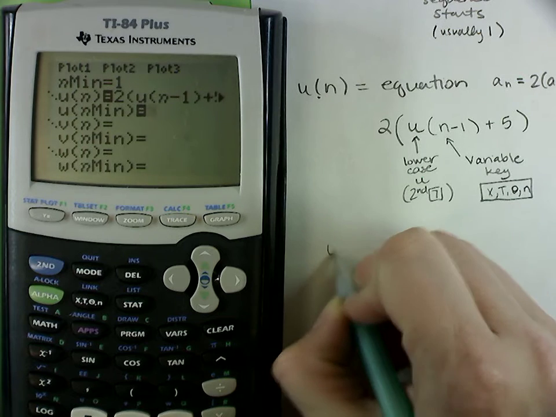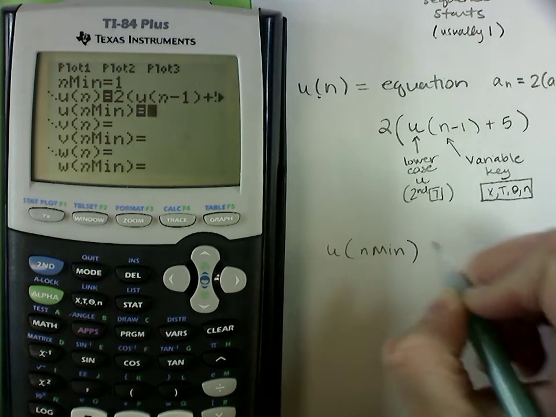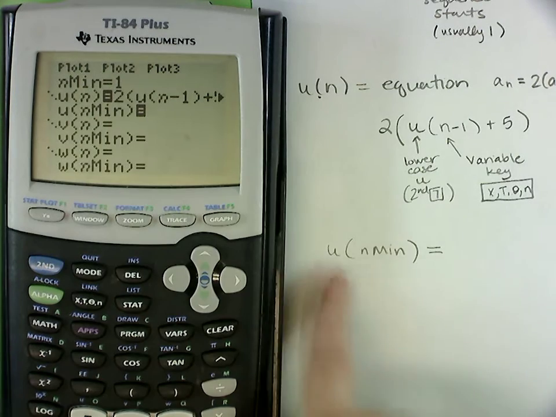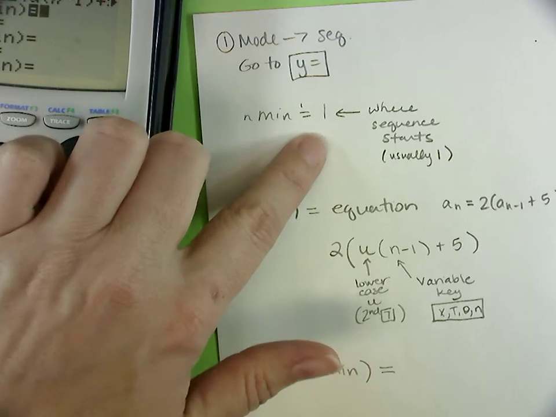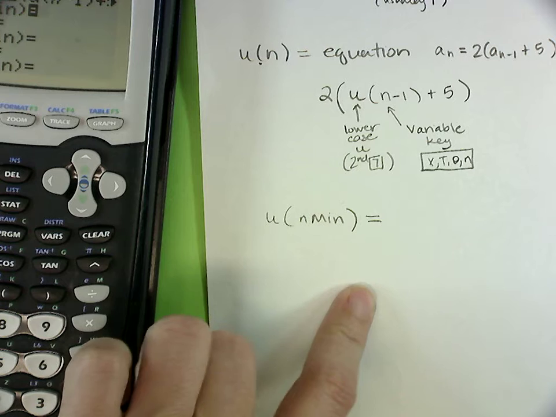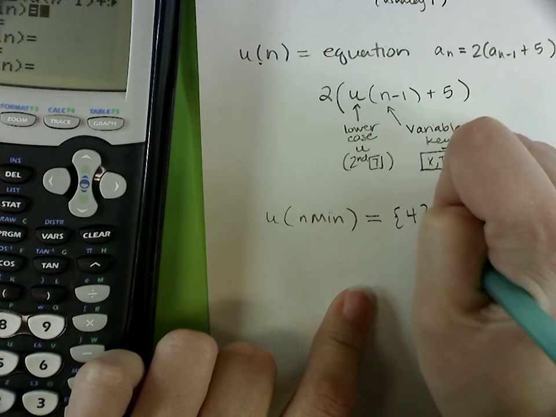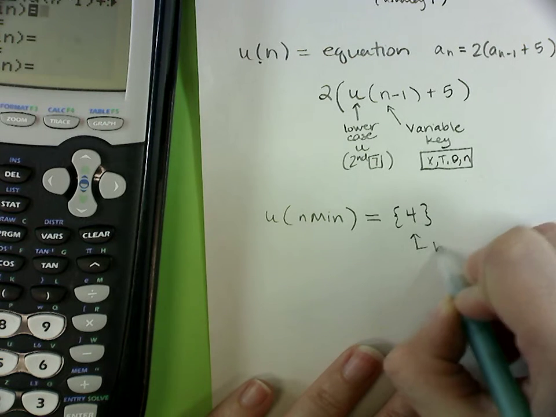Okay, and then the next one is u, and then it says n min. So u of n min. And this is actually function notation. So remember how the minimum was 1? When we plugged in 1, what was our output? What was a sub 1? 4.